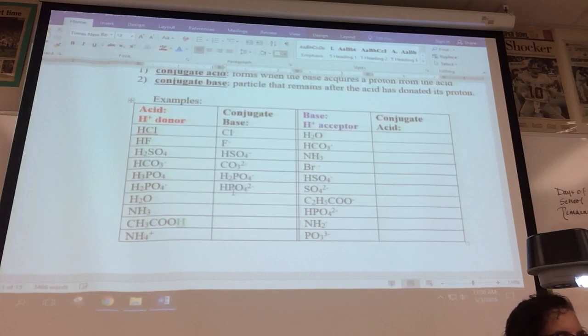And water has the ability to accept or donate. In this case, it's listed as an acid. You remove the proton. At first glance, you're thinking HO-, but we don't do ho-ho-hos, so we just do OH-.